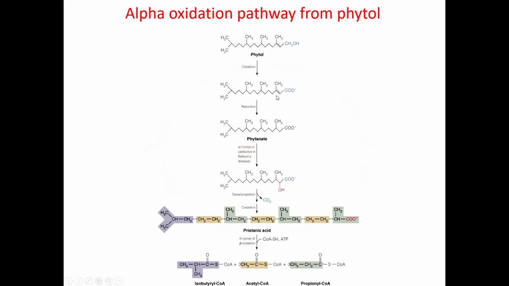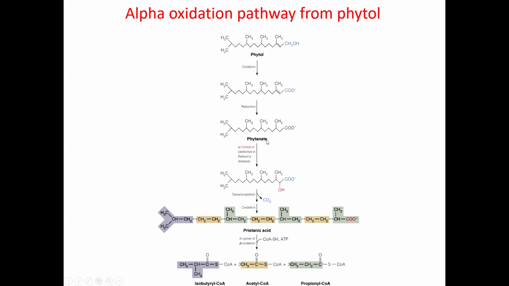The double bond is now a single bond. First, after oxidation, this is the intermediate where hydrogen is released. Then the alcohol is converted into an acid group. Then this double bond is converted to single, so it is called reduction. Previously it contained CH2, CH2; now it is CH3, CH3.